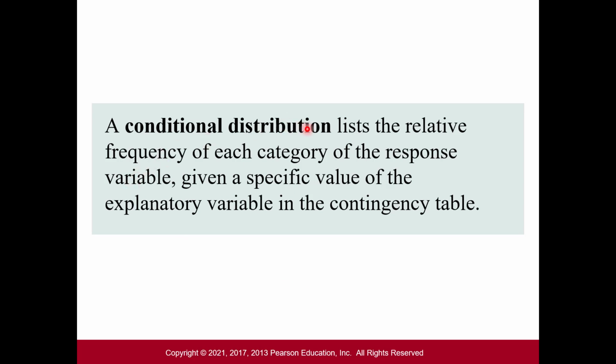Now, a conditional distribution lists the relative frequency of each category of the response variable given a specific value of the explanatory variable in the contingency table. In our example, if we're trying to find out the employment status by level of education, then the level of education would be our explanatory variable, and the response variable would be employment status.